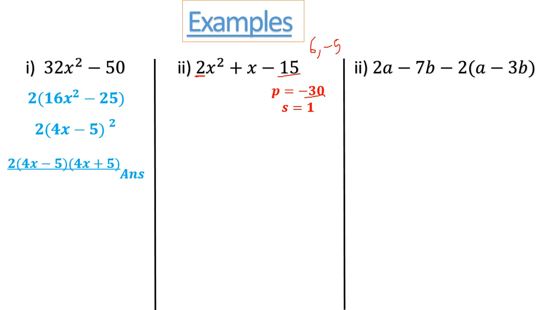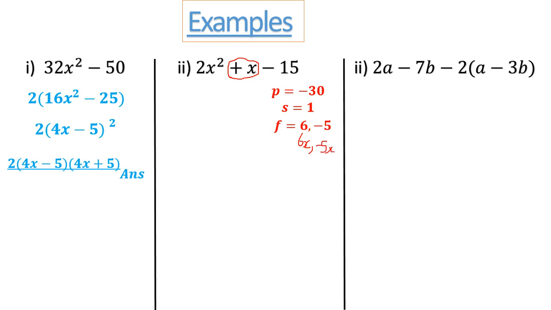So we are going to insert these two numbers here. We're going to replace the term in the middle with the two factors we found. Remember, we are replacing the term in the middle. So these two factors will have the x's: 6x and negative 5x.